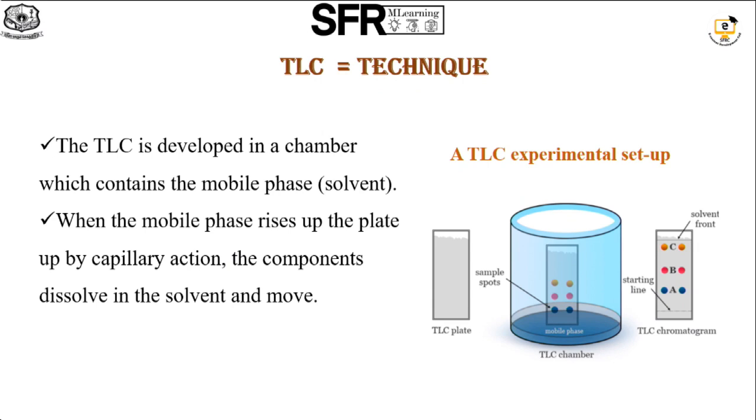The first is the TLC plate, the second is the TLC sample, and the third is the TLC chromatogram, the final output of the TLC sample. On the TLC plate, 1 centimeter from the bottom, a very small amount of sample is placed. After the mobile phase solvent moves, observe the result.